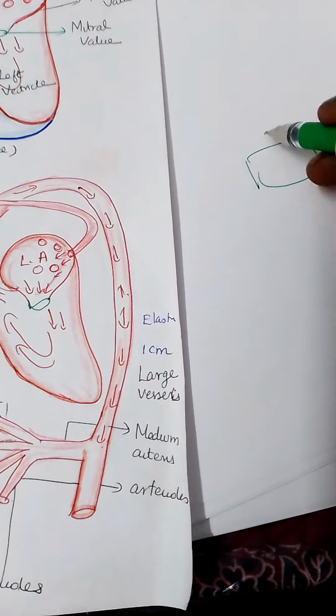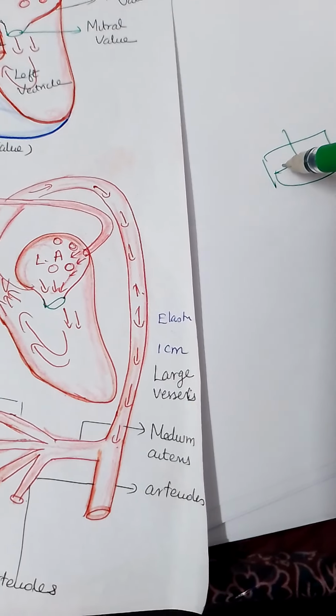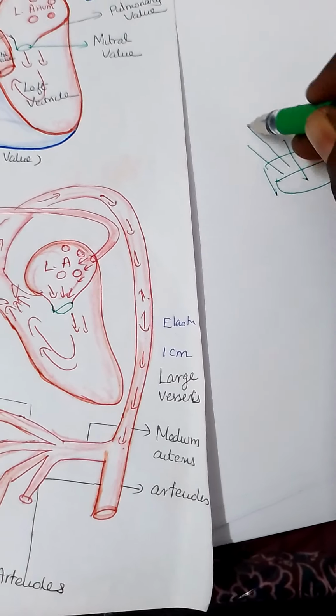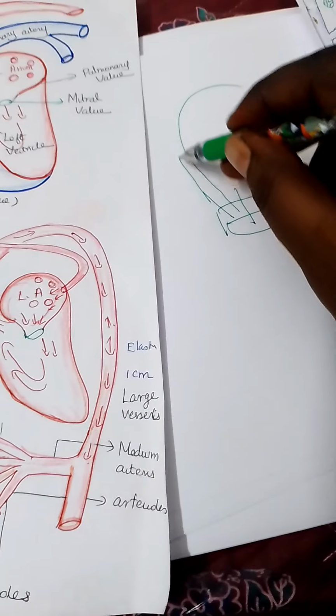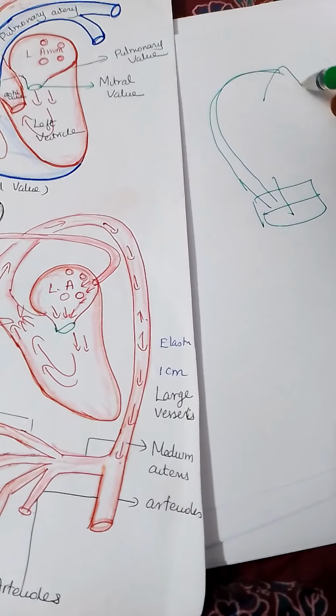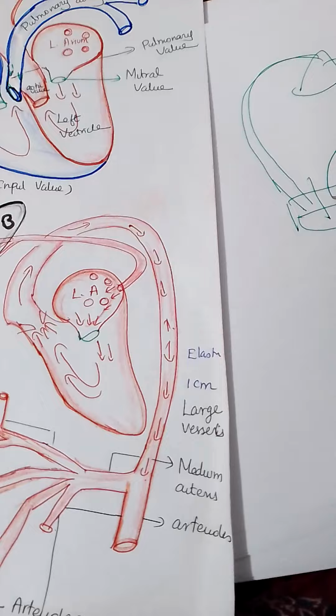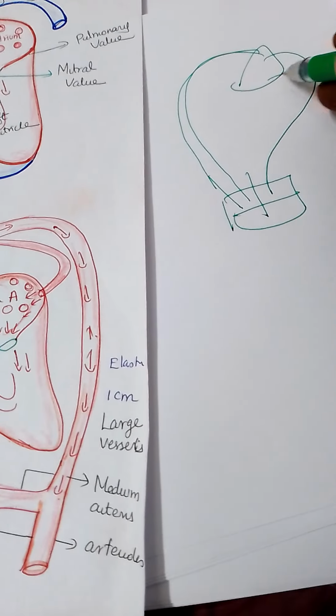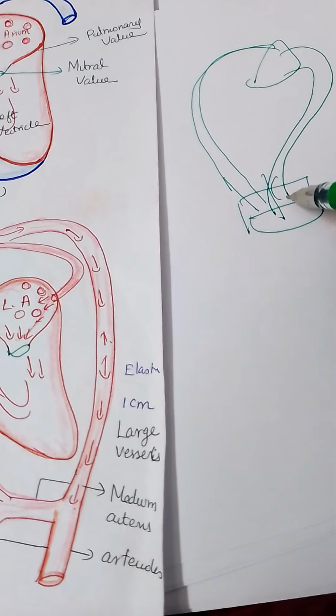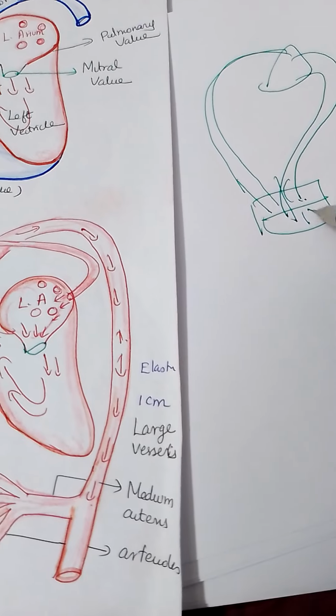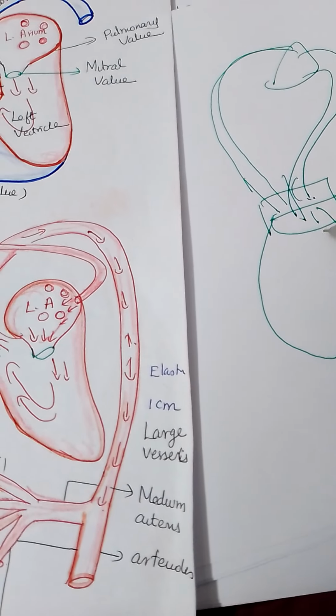If it is a heart, it has all these chambers, and from here it is going, isn't it? Where is it going? It is going to the lungs. From the lungs, it is coming over here, to the left side of the body. From there, it is coming, and then again it is entering.